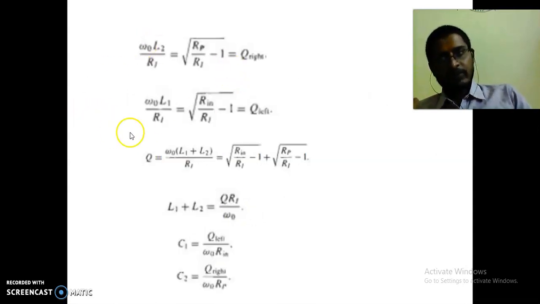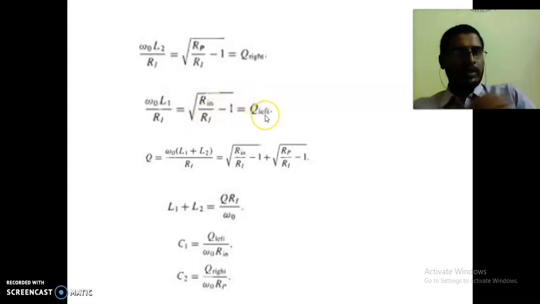These are the design equations of the pi match. Omega naught L2 by Ri is equal to square root of (Rp by Ri minus 1), which is the quality factor of the right side L section. Similarly, omega naught L1 by Ri is equal to square root of (Rn by Ri minus 1), the quality factor of the left side.